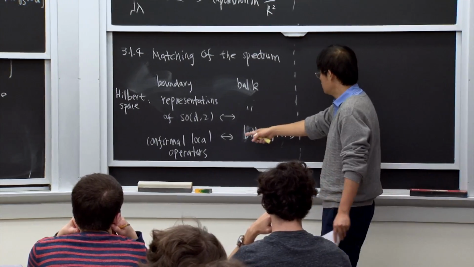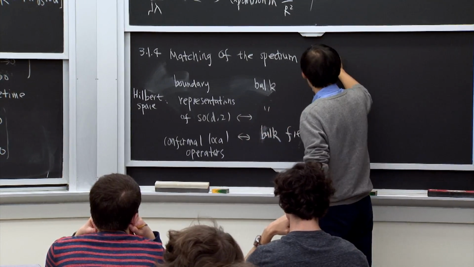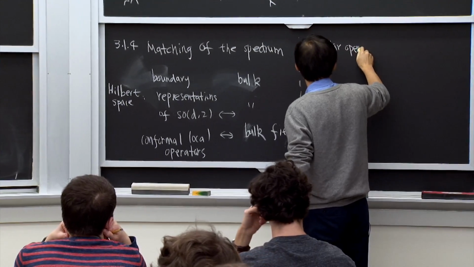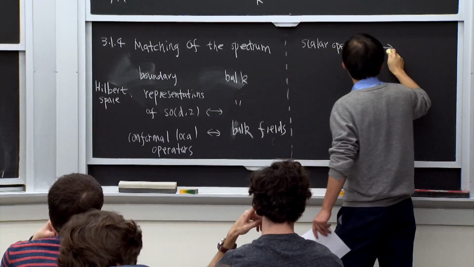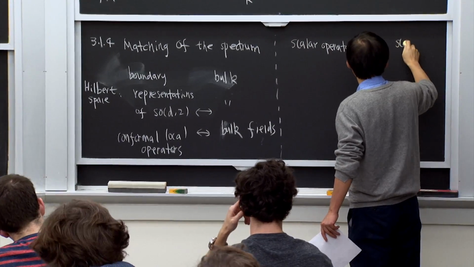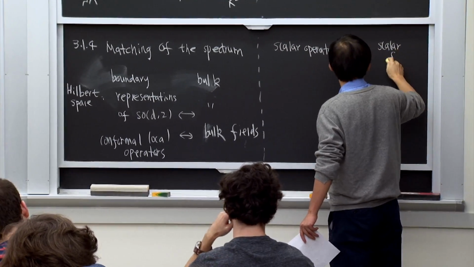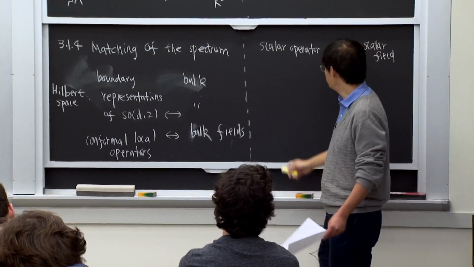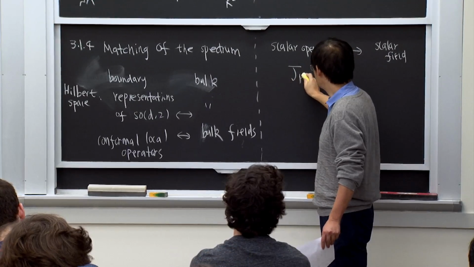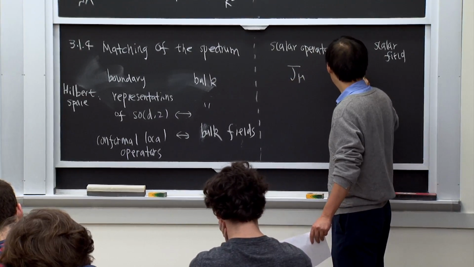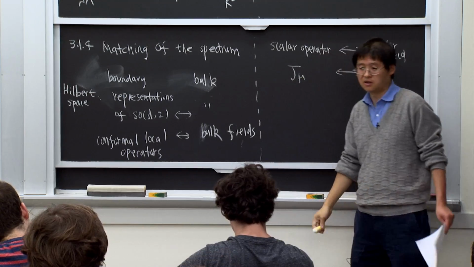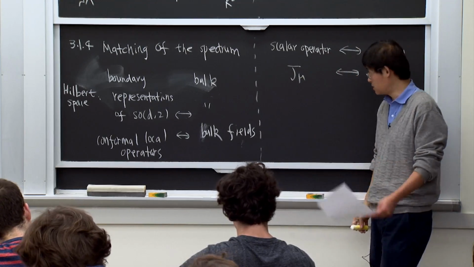For example, in the boundary, if there's some scalar operator, there must be a corresponding scalar field on the gravity side. Okay. Similarly, if there is some vector operator in the boundary theory, there must be a corresponding bulk vector field in the gravity side.